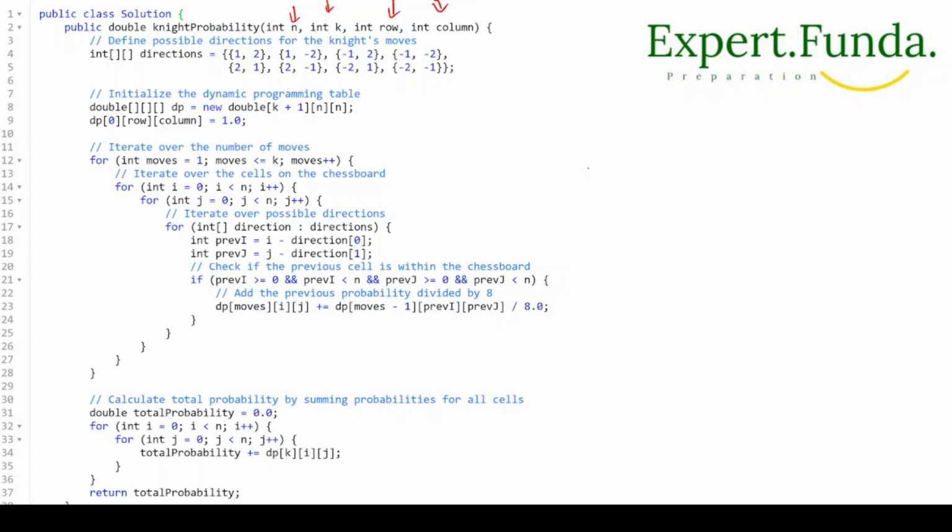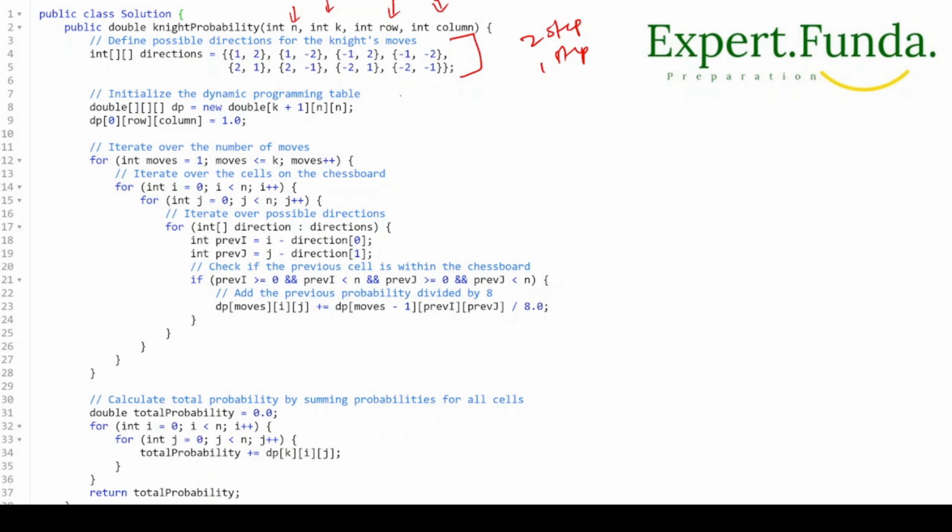And we use a list of directions to represent these possible moves. So these are your directions, in which we are going to take 2 steps and 1 step, either 1 step or 2 steps in one direction and the other in the perpendicular direction, and similarly 2 steps vertically and 1 step to the right.